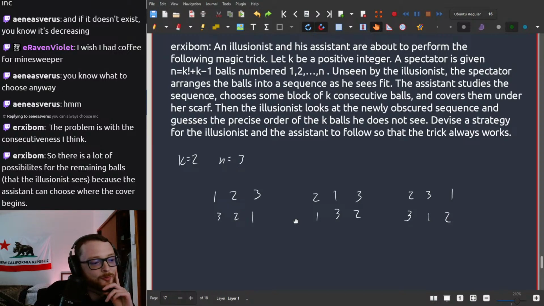I suppose for the remaining balls, the illusionist sees, then can choose where the cover begins.